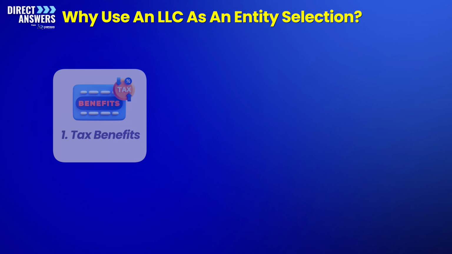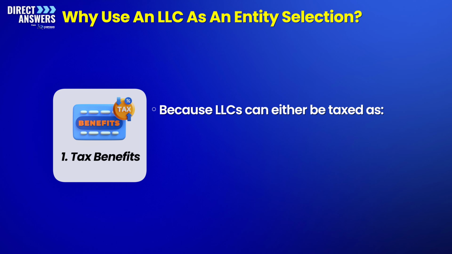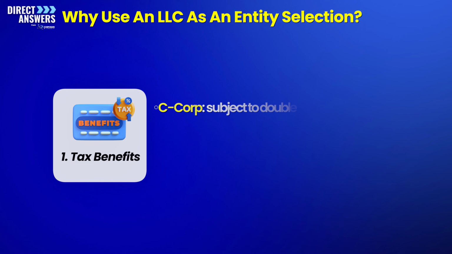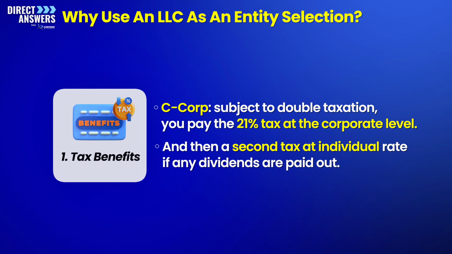The first main benefit of the LLC is the tax benefits that it offers. This is because LLCs can either be taxed as C Corps, S Corps, partnerships, or disregarded entities. With the C Corp, you are subject to double taxation, which is where you pay the 21% tax at the corporate level and then a second tax at your individual rate if any dividends are paid out.